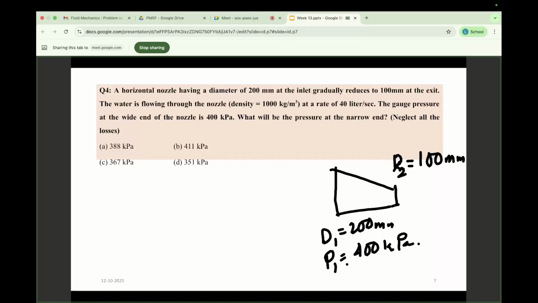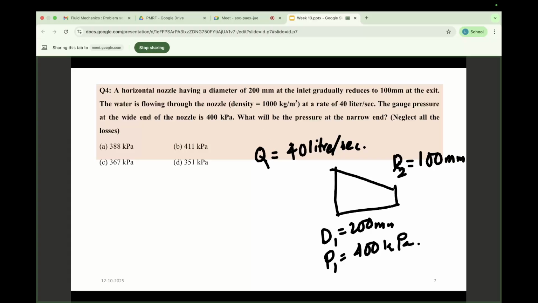Okay, and also Q is given. The water is flowing through the nozzle. Q is given as 40 liter per second. Okay, please solve this.